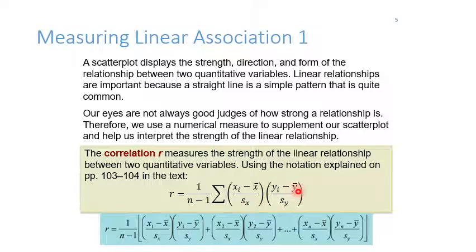Similarly, y bar is the mean of the response variable, as well as the standard deviation of the response variable. And if we are not going to use summation, we can show our formula something like this. But like this we have to write so many things, so generally we use summation for that.